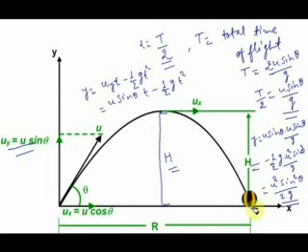So this is the formula for the maximum height of a projectile, which is projected with a velocity u at an angle of projection theta.